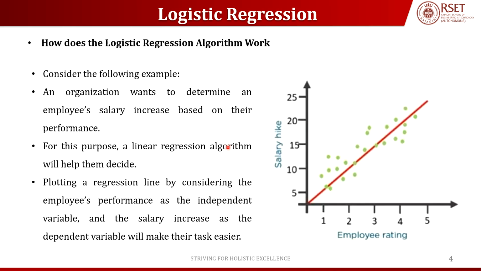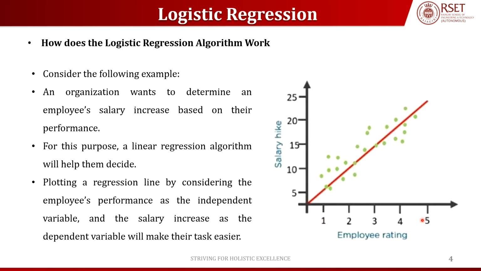Now, how does the logistic regression algorithm work? This is again a recap of linear regression. In this example, an organization wants to determine an employee's salary increase based on their performance. For this purpose, the linear regression algorithm helps them decide, and we have plotted a regression line by considering the employee's performance as the independent variable and the salary increase as the dependent variable.